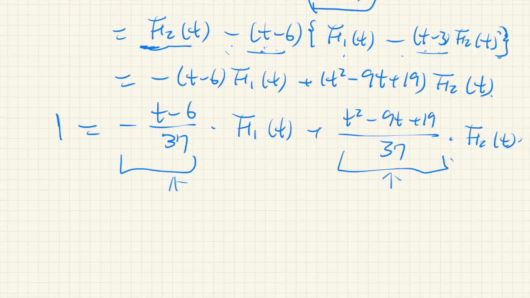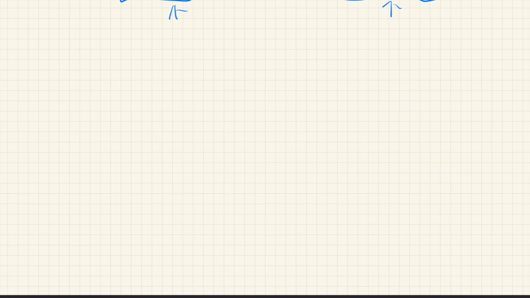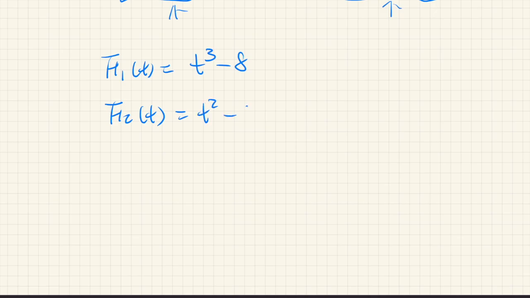Okay, next, what happens if two polynomials are not coprime? For example, let's say f1 of t is t cubed minus 8, and f2 of t is, let's say, t squared minus 4t plus 4.